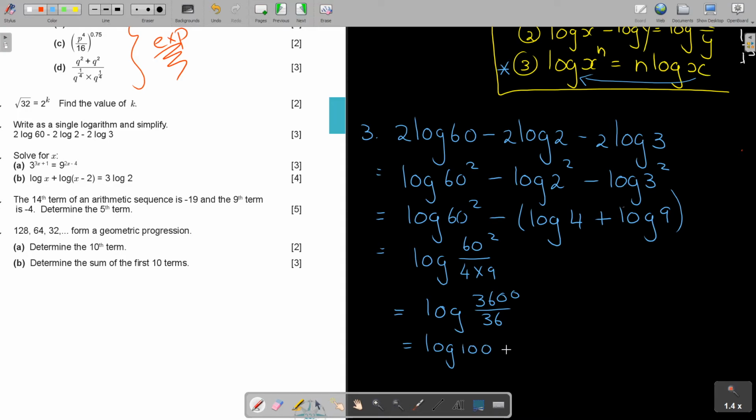And interesting, what is log 100? It's just 2. You can test it on your calculator. So log 100 is 2. Log 1,000 is 3. And log 10 is going to be 1. Okay, and that's how you do it.